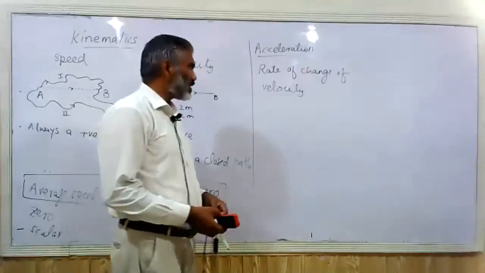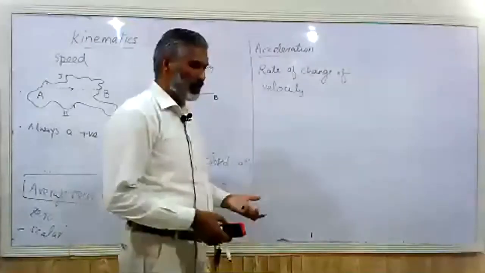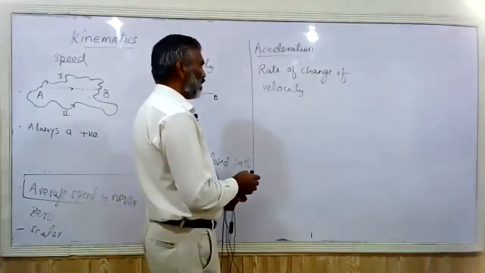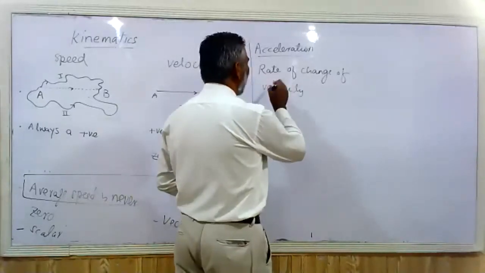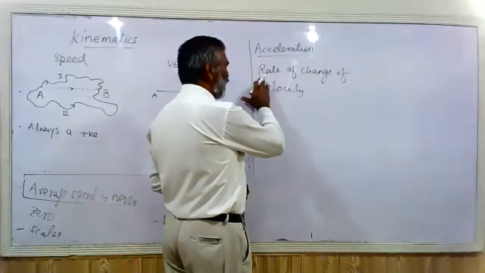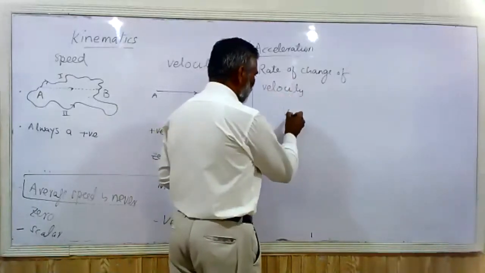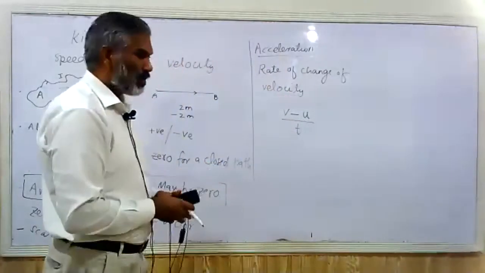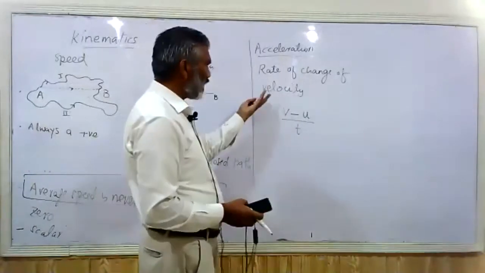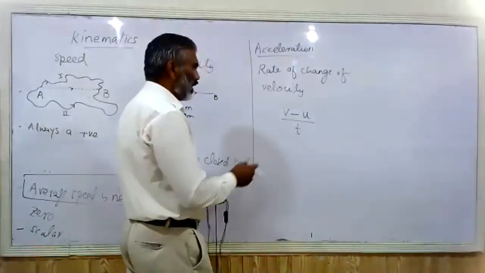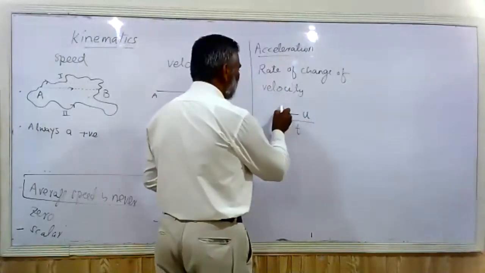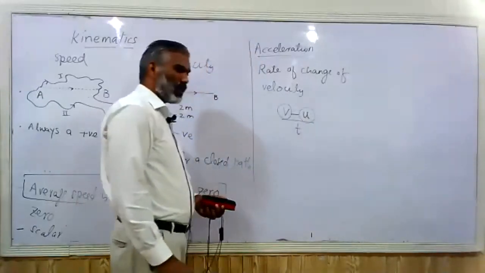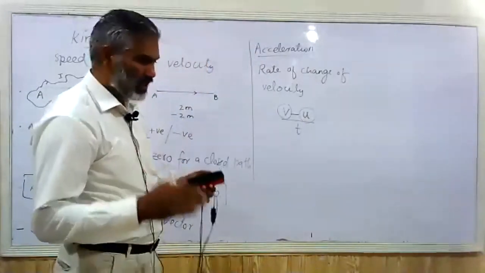Usually this is understood, so the word time is skipped. The rate of change basically means the change in velocity divided by time. V minus u means the final velocity minus the initial velocity, divided by the total time in which this change has taken place.